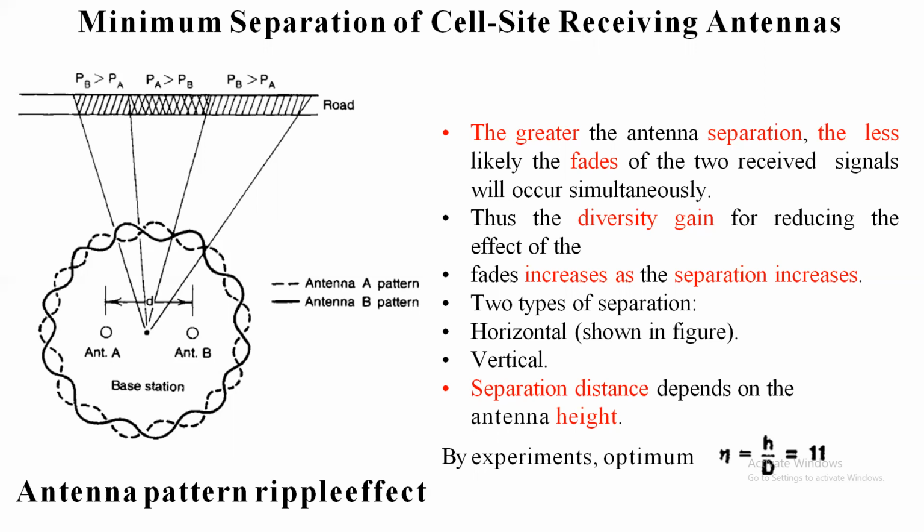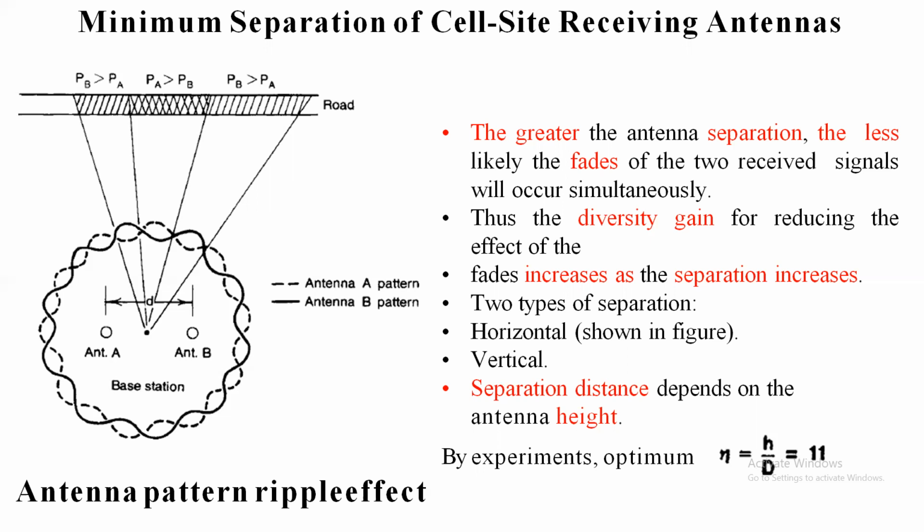And also the minimum separation between two receiving antennas is to reduce the antenna pattern ripple effect. Here the ripple effects are indicated in the circuit diagram.